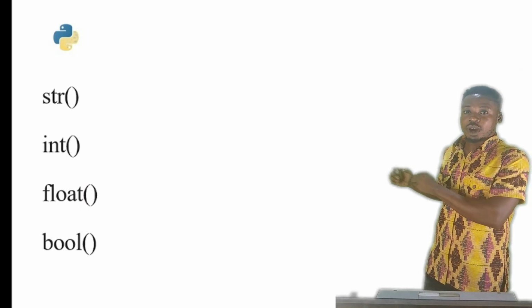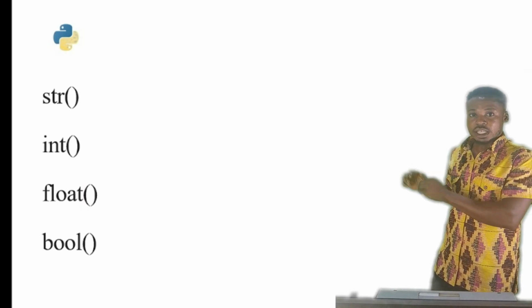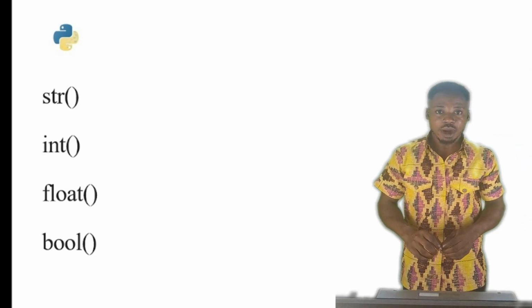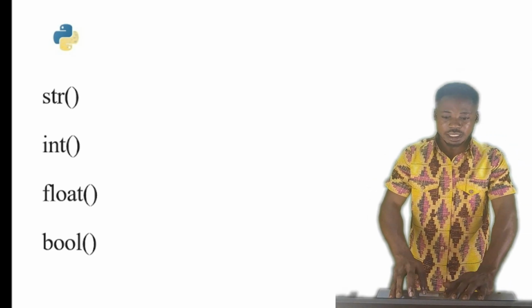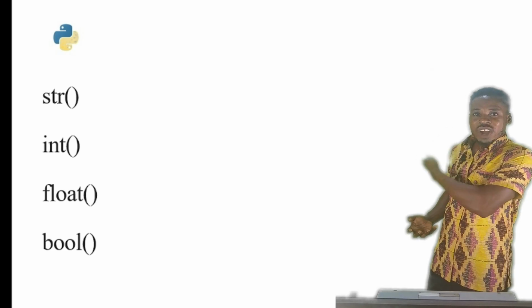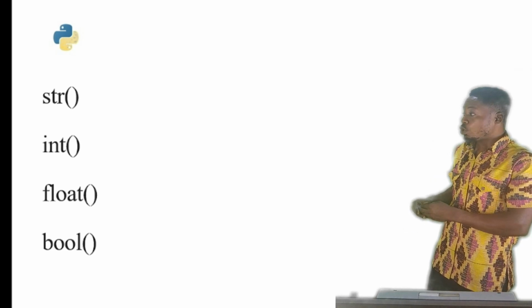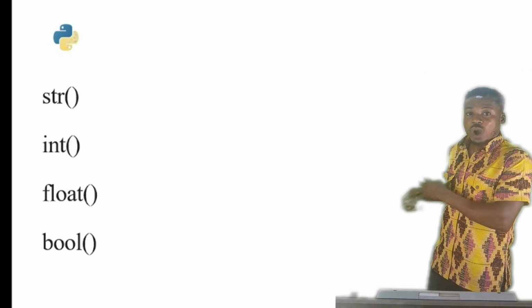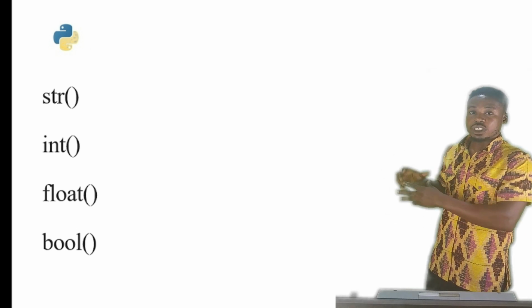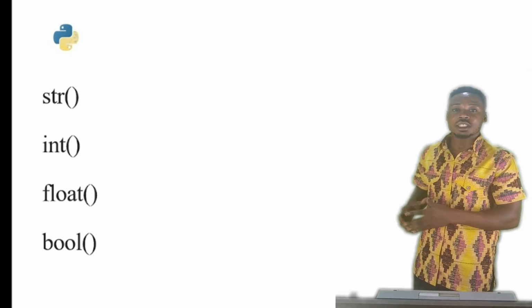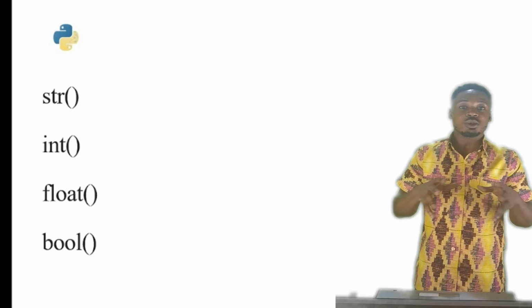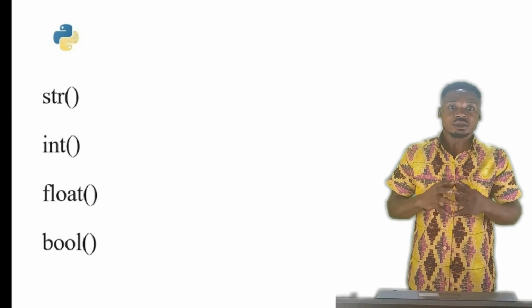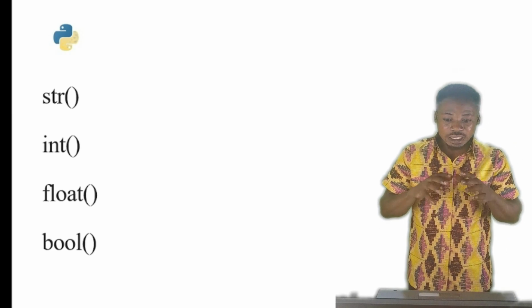We haven't spoken about the bool function, and that is what we are going to talk about right after this exercise. So yes, these are the functions that we can make use of to convert from one data type to the other. And remember, I have said that converting from one data type to another refers to a term known as casting.